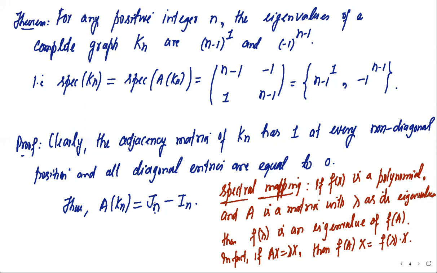So here we know what the eigenvalues of Jn are, as we have done in the previous proposition. The eigenvalues of Jn are n once and 0, n minus 1 times. And also we know the eigenvalues of In. They are 1 taken n times; all the eigenvalues of In are equal to 1.